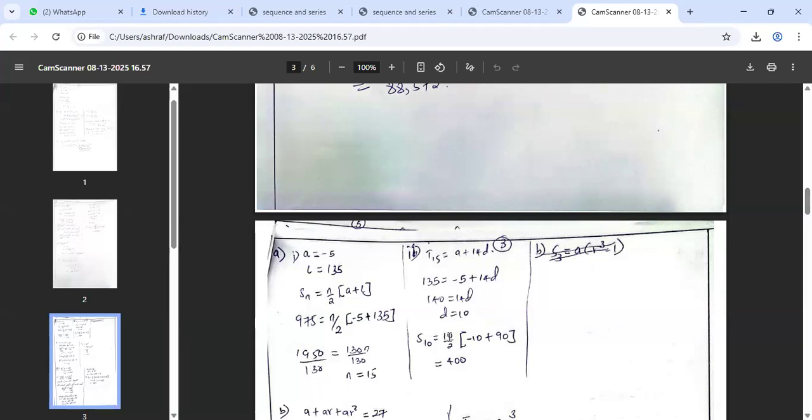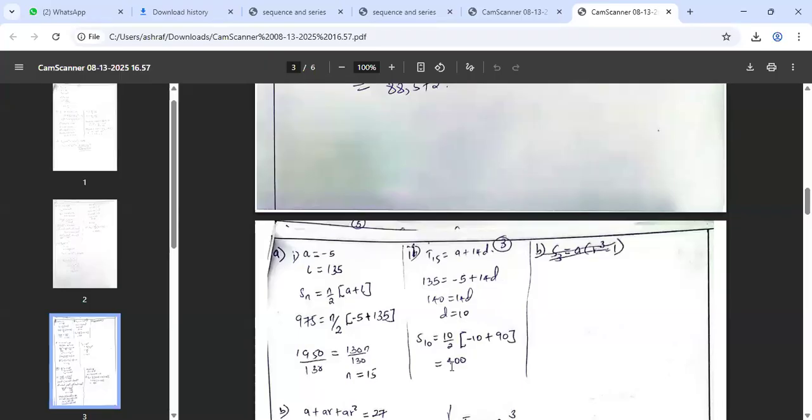Then for the sum, we use the formula n over 2. Our n is 10, so 10 over 2 into 2a, 2 times -5, that is -10, plus n minus 1 d. So 10 minus 1 is 9 times d, which is 10, 90. Then you add and get 400.